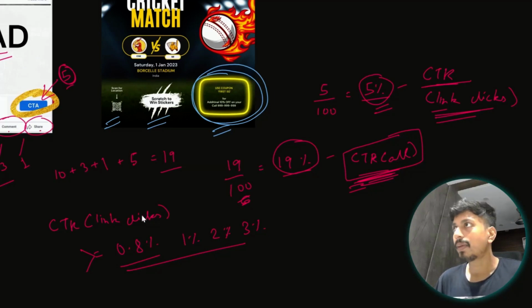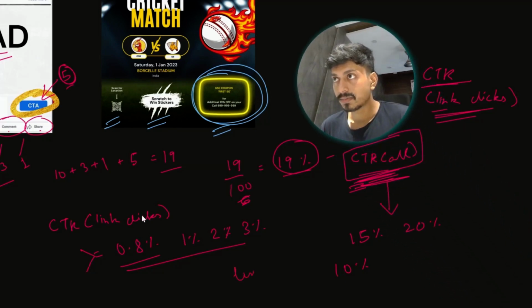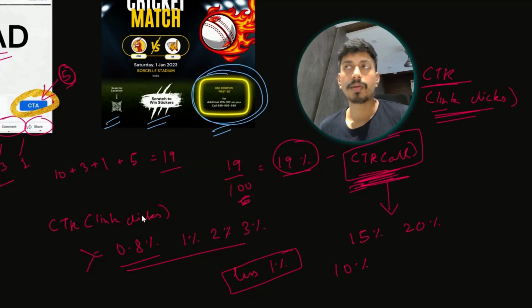On the other hand, if it's CTR for all, you can expect anything here. We have seen CTR for all going way above 15%, 20%, and like 10%, whatever. This is generally high and it's irrelevant. Of course, if CTR for all is less than 1%, your ad is not performing well.